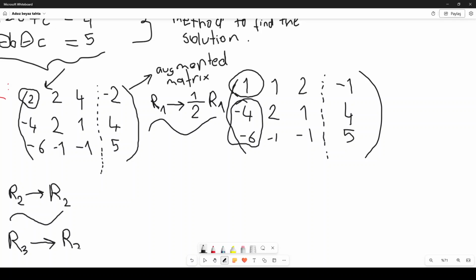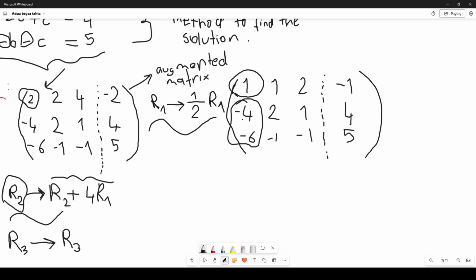Okay, let's see. I replace R2, and the single arrow, as we all remember, means replace the left hand side row by its equivalent form that I write on the right hand side. So R2 plus what? If I multiply the first row by 4 and then add it to R2, then 4 times 1 is 4, and if I add this 4R1 to R2, then 4 minus 4 is equal to 0.